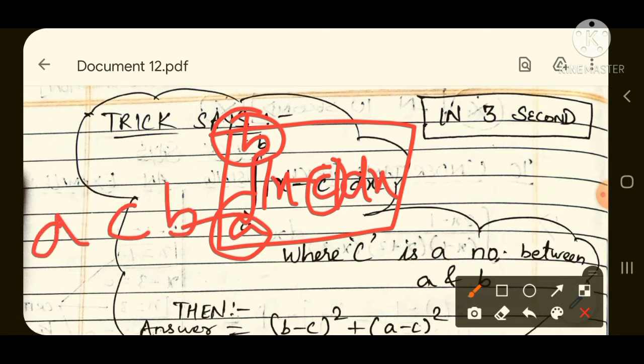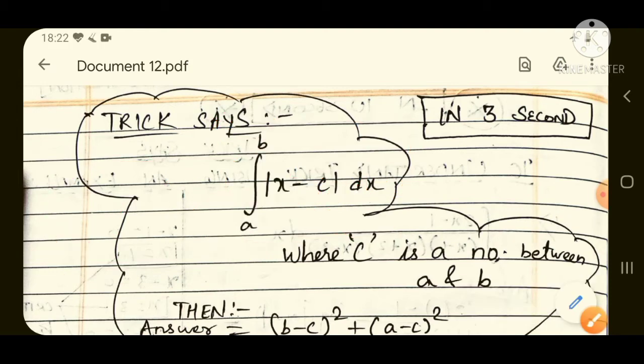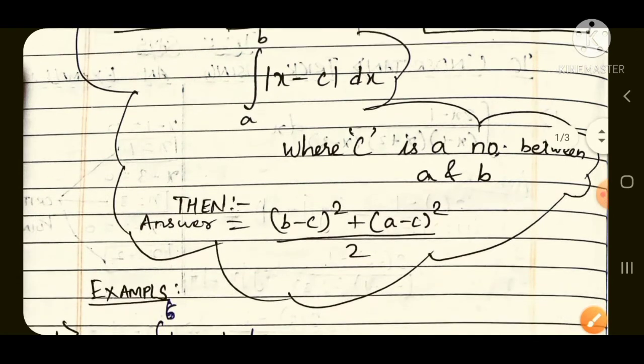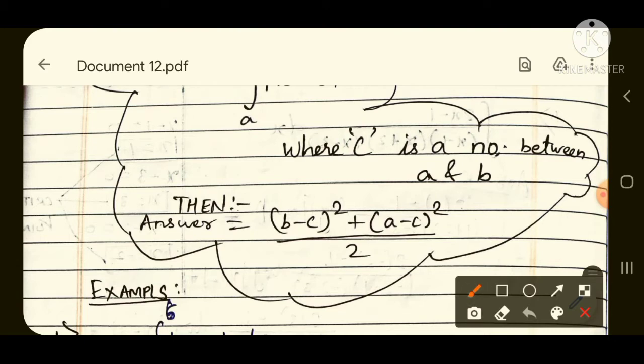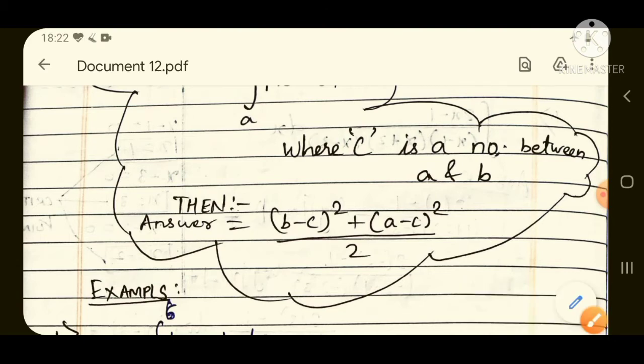Then only you can apply the trick. Now see, if it is between a and b, then the answer is simply to put this b in place of x.